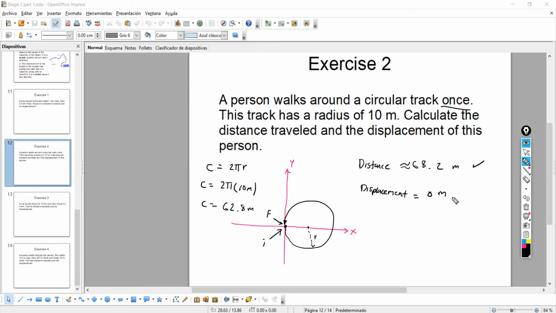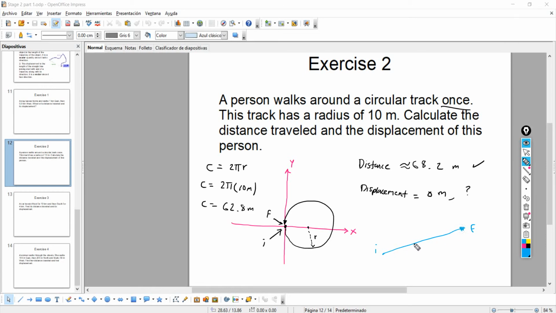And in this case, we cannot add any direction to the displacement, right? Because there is really no arrow. For example, if this was the initial point of the motion and let's suppose this was the final point, then you could trace the displacement in this direction.